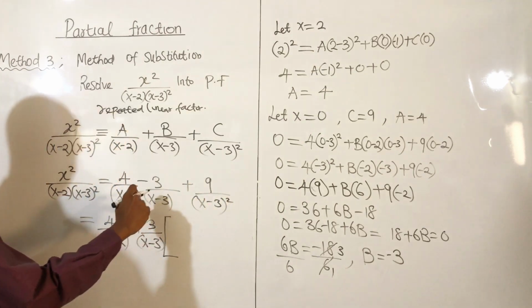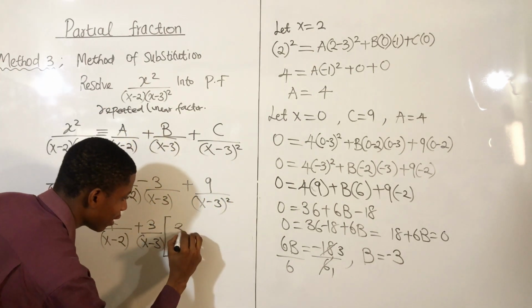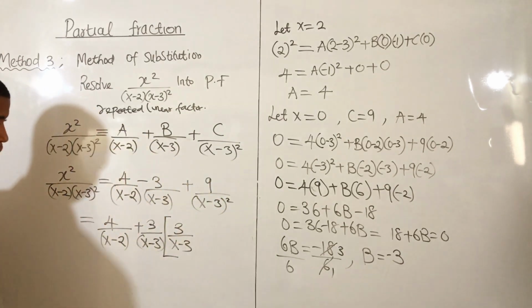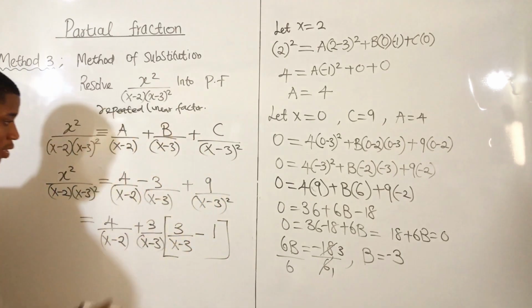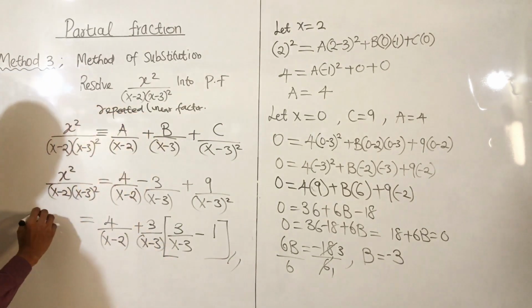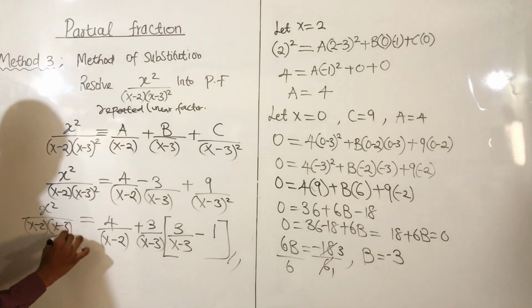Let's bring this first because we are working with positive before negative. We'll be left with another 3 over (x minus 3), then we have negative 1, because everything that is here is what we have brought out. So this is equal to x squared over (x minus 2) and (x minus 3) all squared.